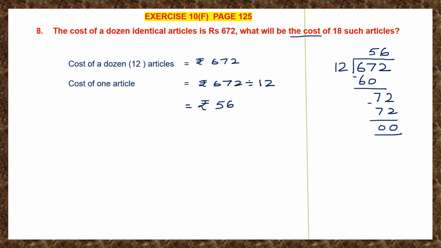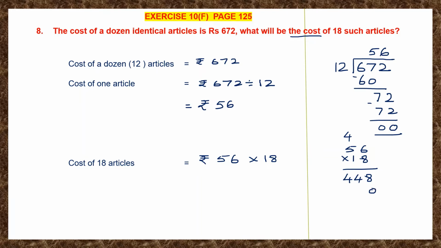Now that we know the cost of one article, we can easily find the cost of 18 articles by multiplying. So cost of one article is 56 rupees. If I multiply this by 18, I will get the cost of 18 articles. So let's multiply 56 by 18. 8 6s are 48, carry 4. 8 5s are 40 plus 4, 44.